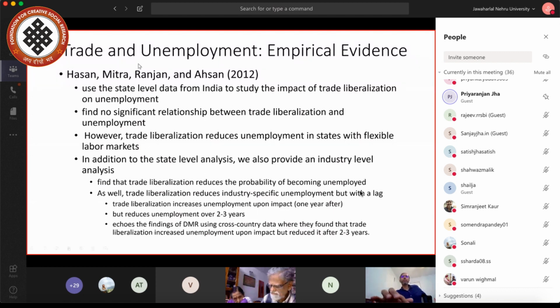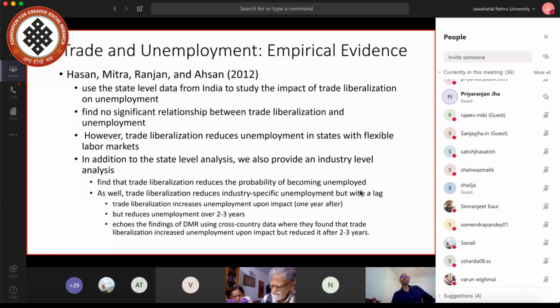I also have a paper with three other co-authors where we look at data from Indian states. We use state level data from India to study the impact of trade liberalization on unemployment, and here we did not find a significant relationship overall. We could not detect any significant relationship, positive or negative.